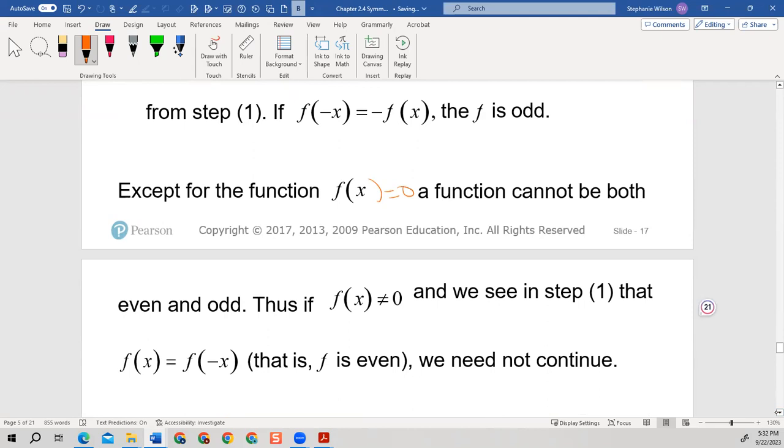So if it's equal to 0, then we cannot have both even and odd. Does that make sense? So if I have f of x not equal to 0, and we see in step 1, if we go back up there, that f of x is equal to f of negative x, that is, f is even, we cannot continue, okay?